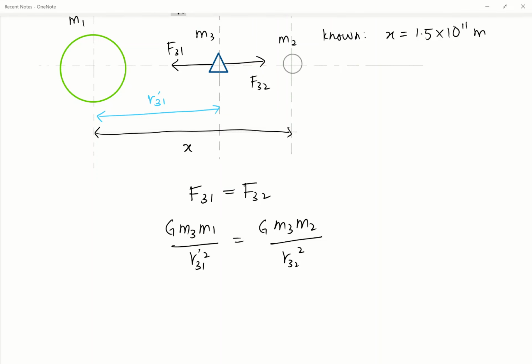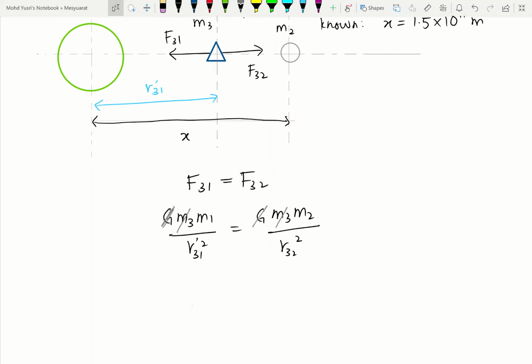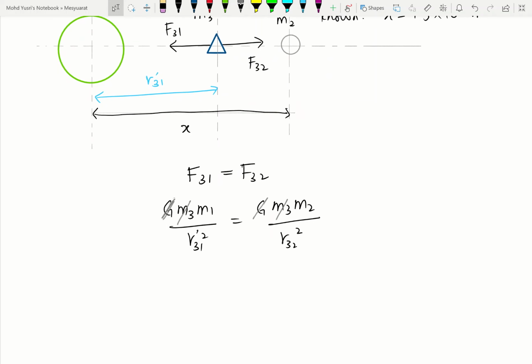Okay, so cancelkan nilai G, cancelkan nilai M3, and we end up with M1 over R31 square is equals to M2 over R32 square. Okay, so kita nak cari R31, kita tak nak R32.